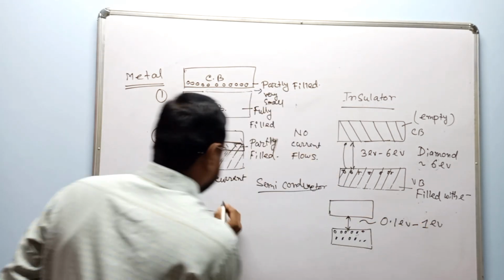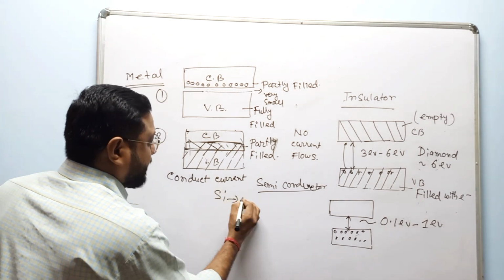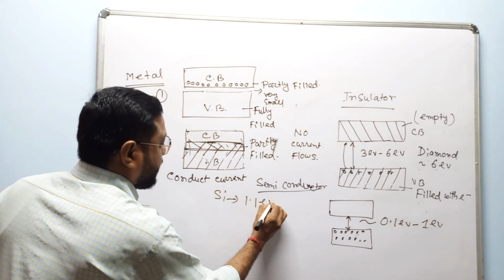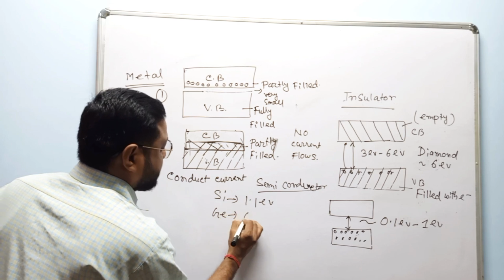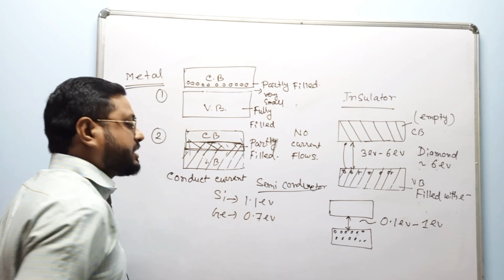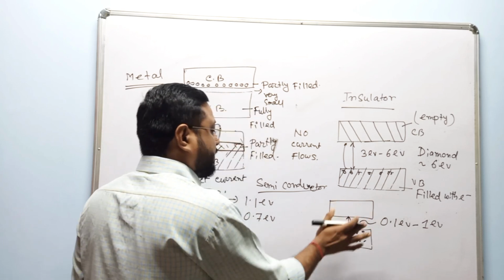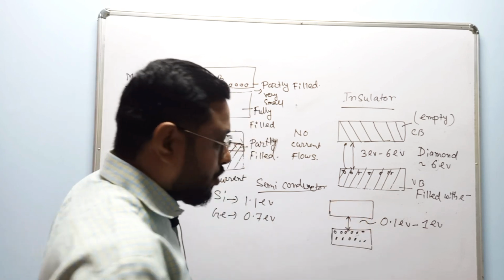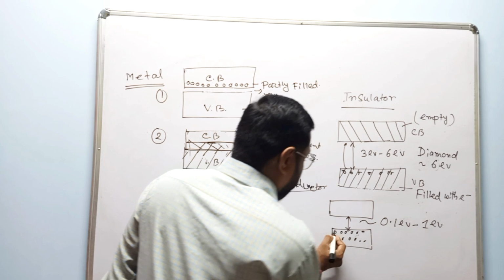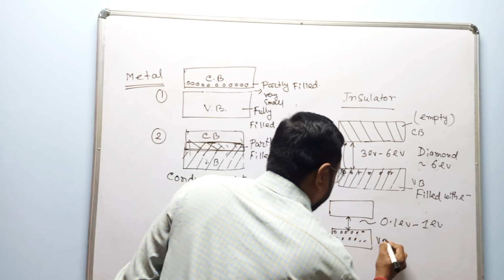Such as silicon has an energy gap of around 1.1 eV and germanium has an energy gap of 0.7 eV. So this is small compared to the insulator. So at 0 Kelvin they behave like an insulator. No electron jumps from the valence band to the conduction band.